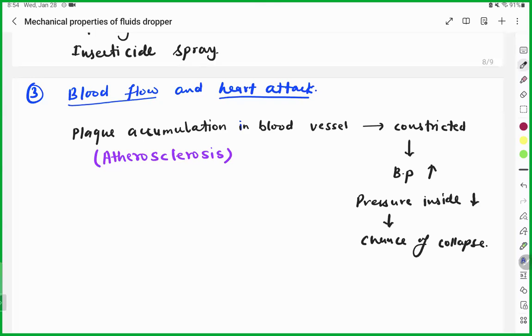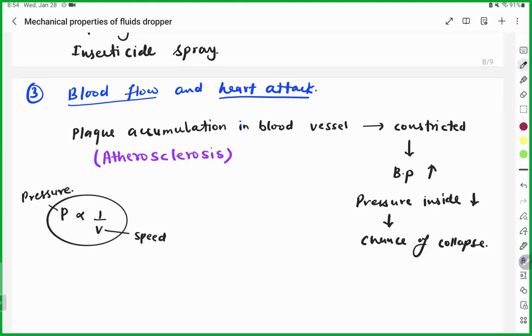Any doubt? So remember, we have two concepts of Bernoulli's theorem. One, pressure is inversely proportional to the speed. If you increase pressure, speed will decrease.